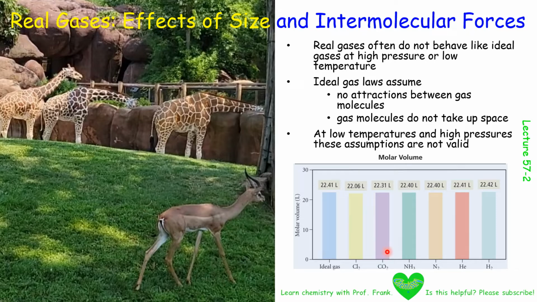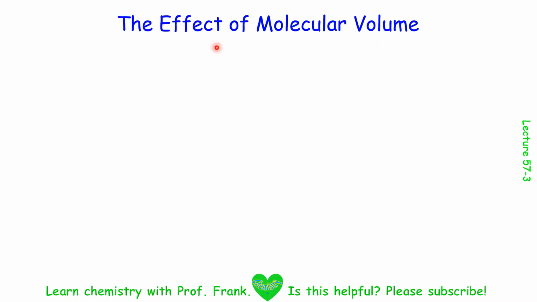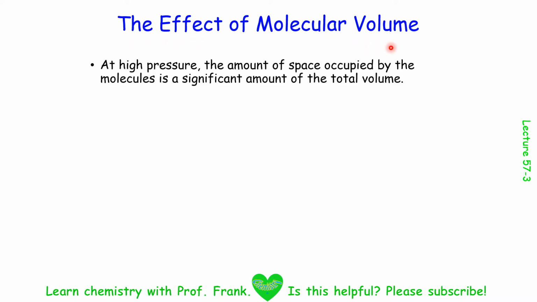Chlorine and CO2 are much larger molecules, so they deviate more from the molar volume of the ideal gases. The gases with a smaller size don't deviate that much from the ideal gas molar volume.